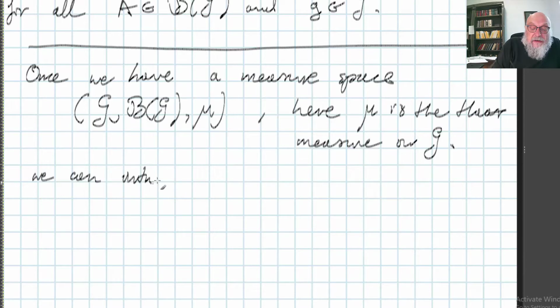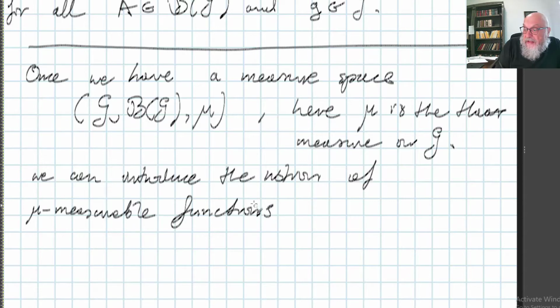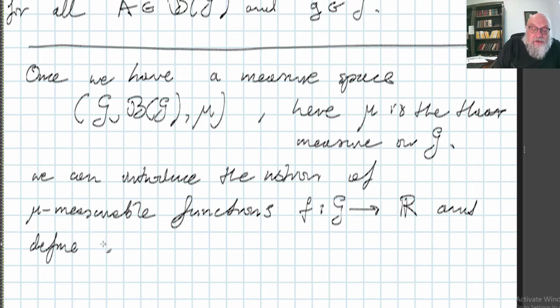We can introduce the notion of mu measurable functions f that go from G to R, and define the so-called Haar integral.